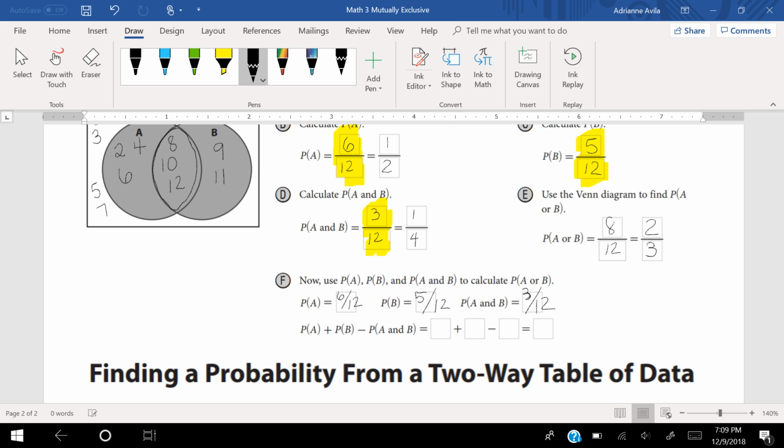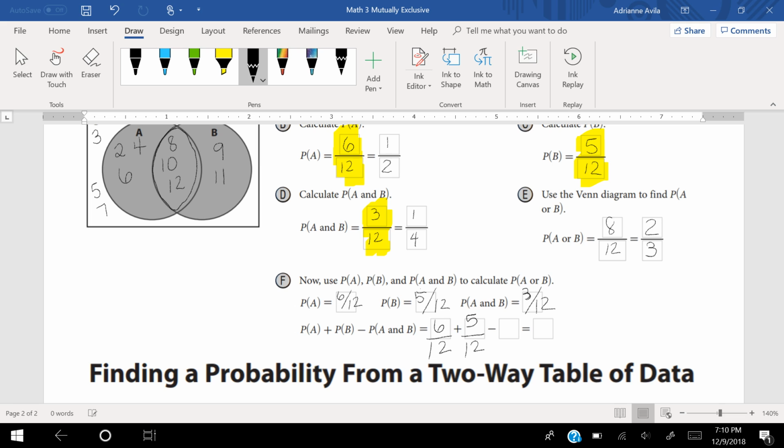So if I use all these pieces of information and I start doing my math, what am I going to get? I'm going to think about just the numerators: 6 out of 12, plus 5 out of 12.